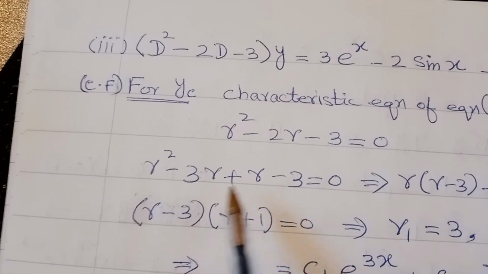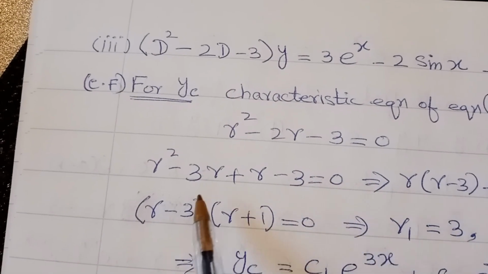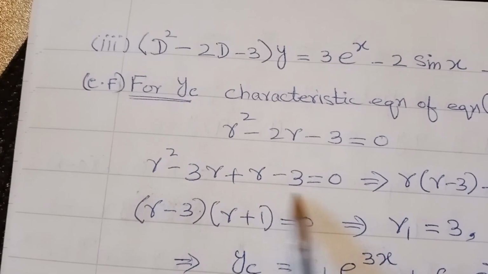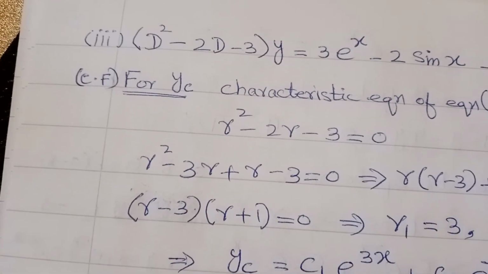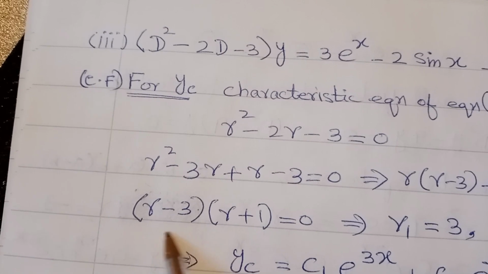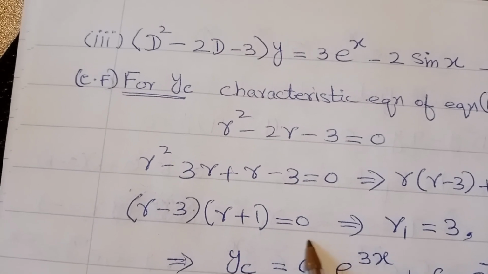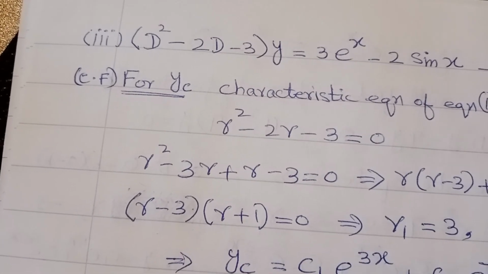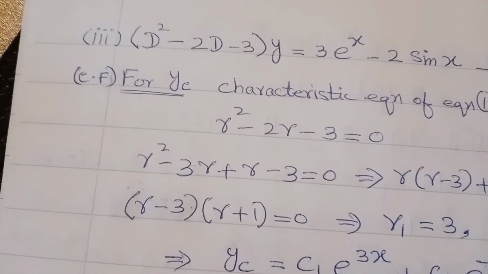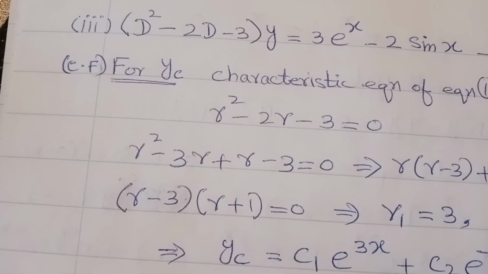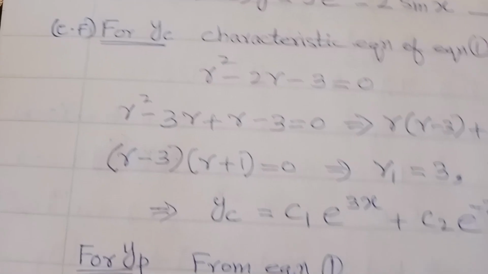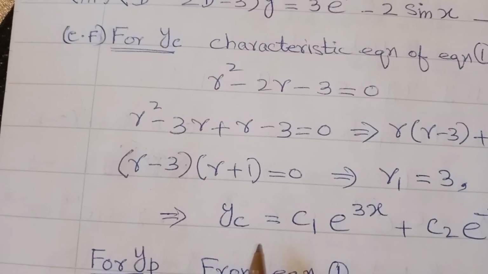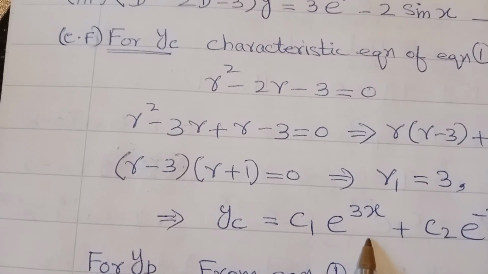By factorization, r² − 3r + r − 3 = 0, so we get the factors (r − 3)(r + 1) = 0, that is r1 = 3 and r2 = −1. So our complementary function becomes yc = c1 e^(3x) + c2 e^(−x).